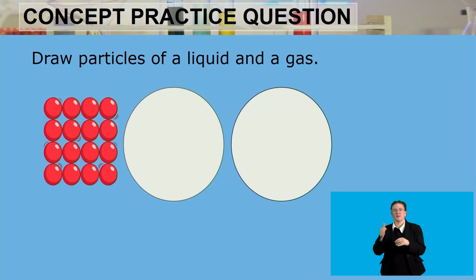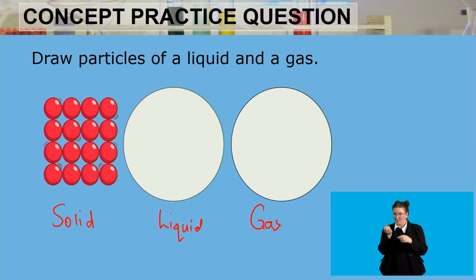So we know that if this is a solid, and here we're going to be drawing liquid, and then here we're going to be drawing gas particles. Now we know that in a liquid phase or in a liquid state, the particles take up the shape of the container, and the spaces between the particles in a liquid state are slightly bigger than the spaces of a solid.